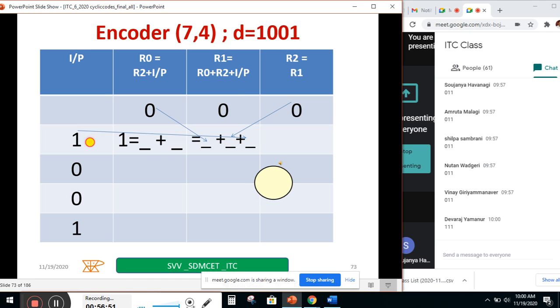This is one important point which you have to remember. Whenever resistors come after the equal to, those are all previous. And the left side of the equal to is the present resistor content. Last one, R2 equal to R1. The previous R1 will be assigned to the R2.